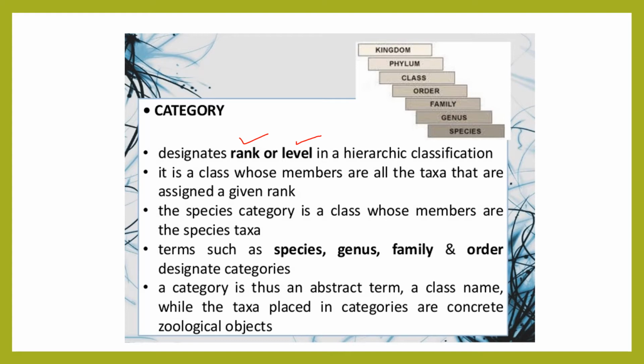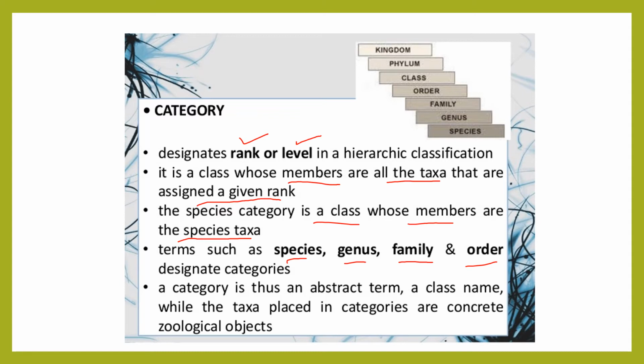It is a class whose members are all the taxa that are assigned a given rank. A species category is a class whose members are the species taxa. So we have different categories in the plant as well as the animal system, such as species, genus, family, order, etc.